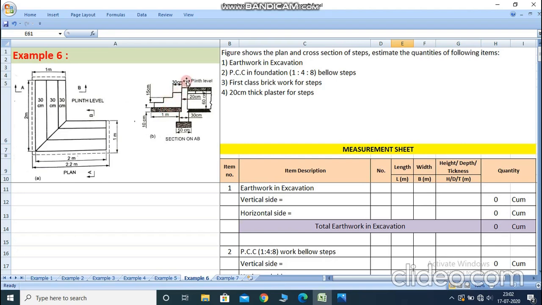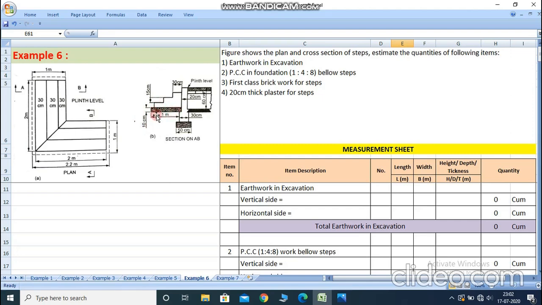Here the 30 centimeter step means the tread width is 30 centimeter, and the riser is given as 15 centimeter. See this cross section part, and the PCC work thickness is given as 10 centimeter and the width is given as 1 meter.